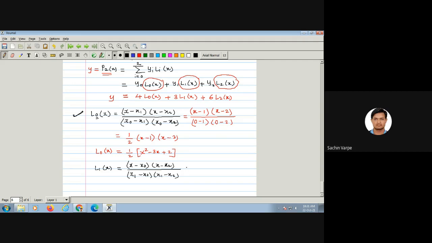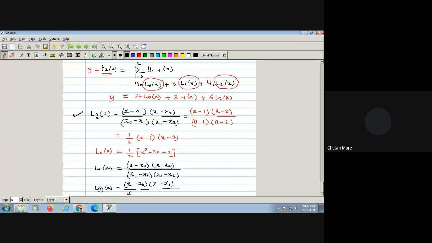Exactly. So can you define now L2 of x, if you get the theme? x minus x0 into x minus x1, correct. And the x minus x2 term I'll not consider, right? Yes, sir. And then the denominator will be x2 minus x0 and x2 minus x1, because i is 2 here, right?